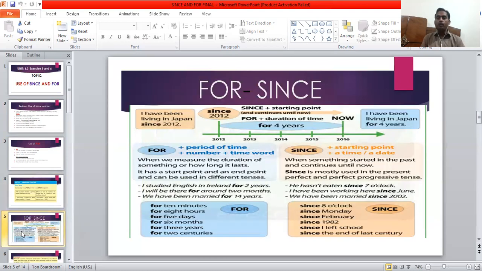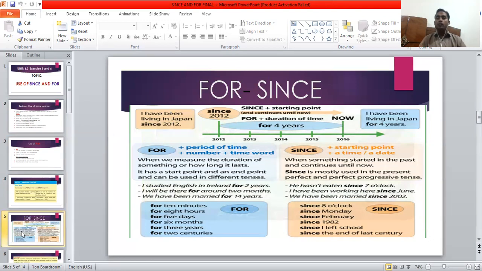Now in short, I'm going to sum up the uses of since and for. Now you can see the chart over there. Since plus starting point. There are two examples. I have been living in Japan since 2012. I'm living there.